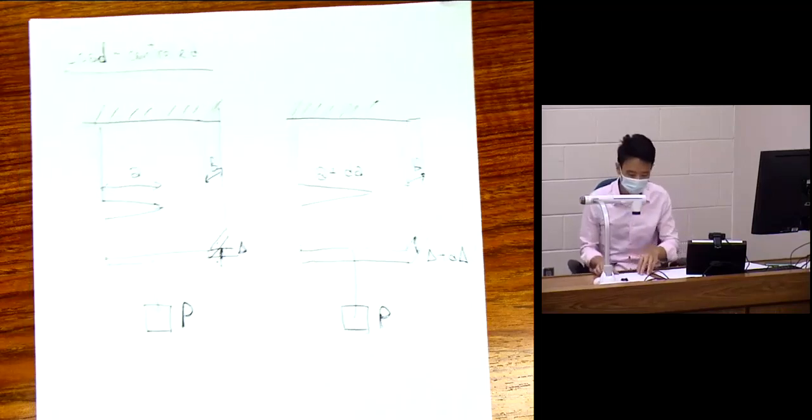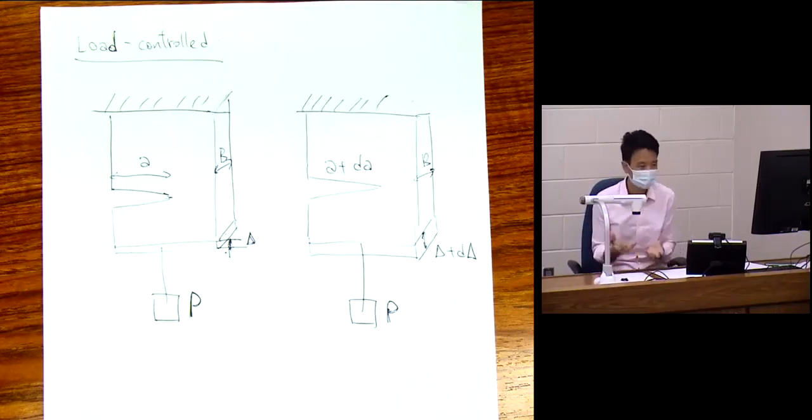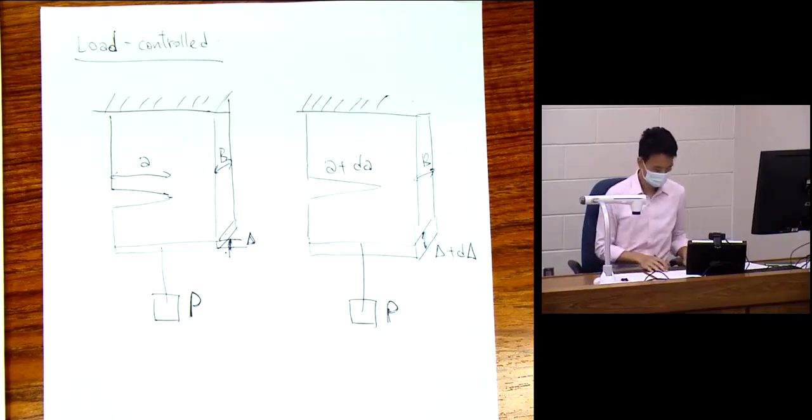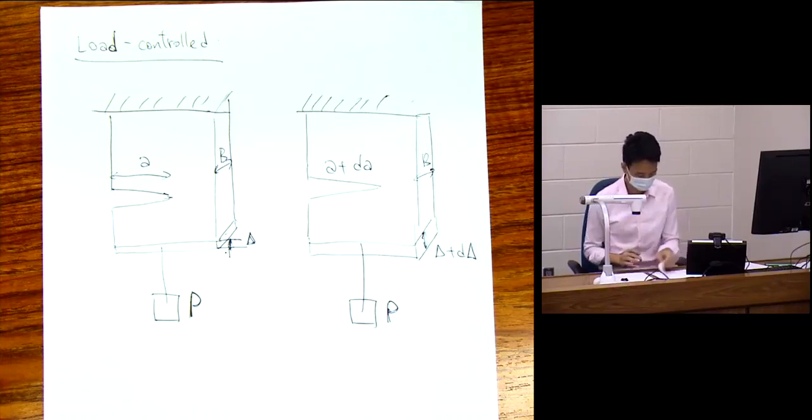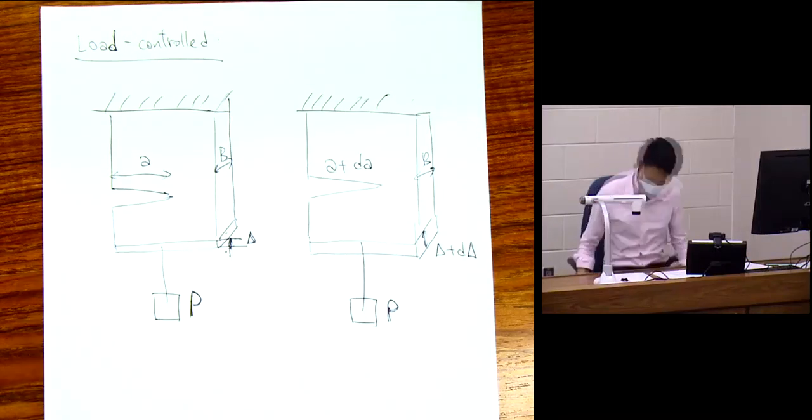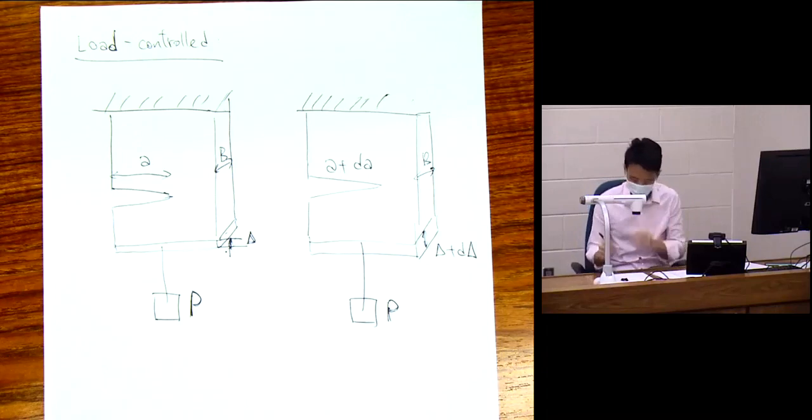Now that's good. So we have defined the energy release rate. What we need to do is just to account for all these different energies. So what I'm going to do is show you a very quick way to do this.